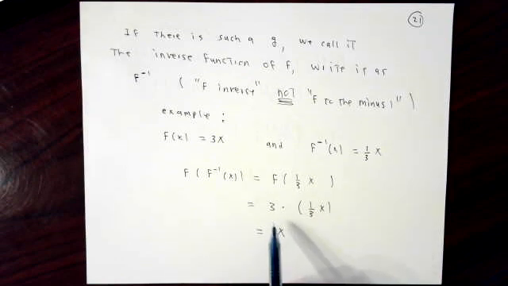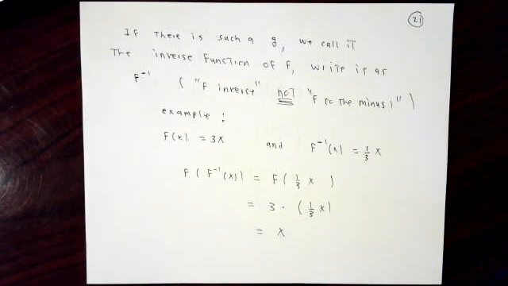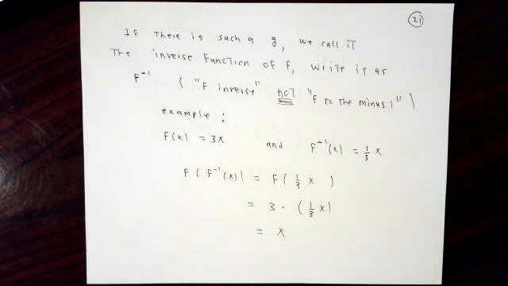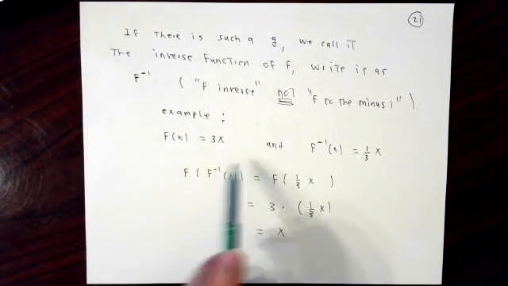That would be 3 times 1/3 times x, and the 3's cancel out and give me my x back again. So if I take x and feed it through this process, get the answer 1/3 x, feed that through that process, which triples whatever this last process was handed, I always end up with the same thing I started with. That's what I mean when I say that this is an inverse function to that.